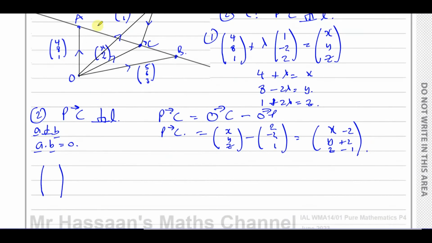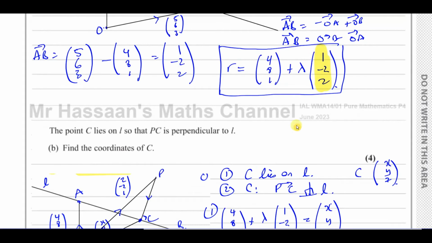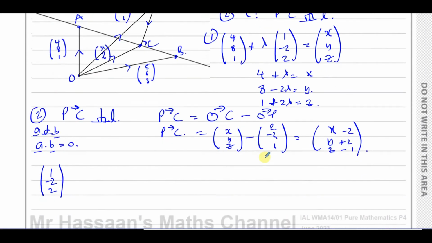So we have (1, -2, 2), the direction part of the vector L, dot (x minus 2, y plus 2, z minus 1). We know that's equal to 0 if they are perpendicular.